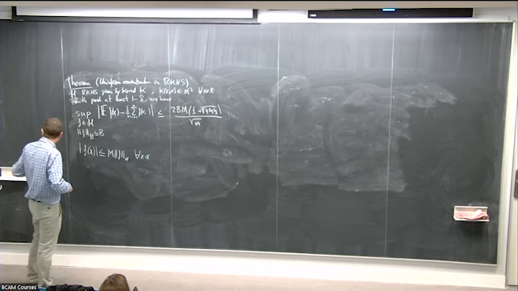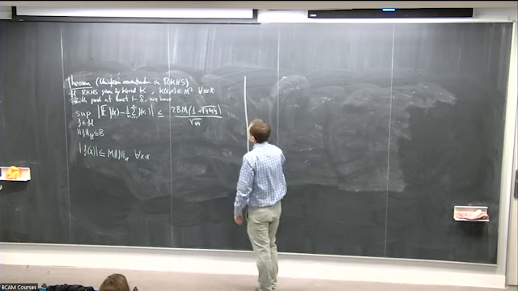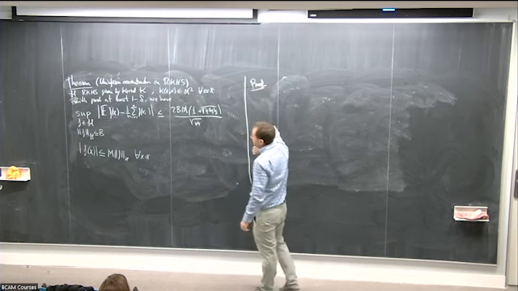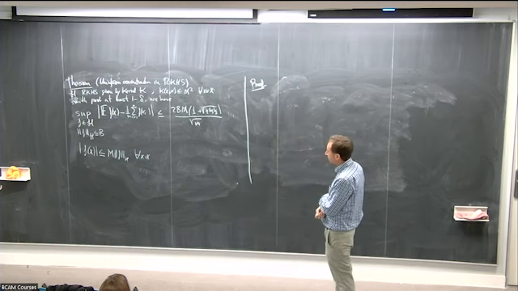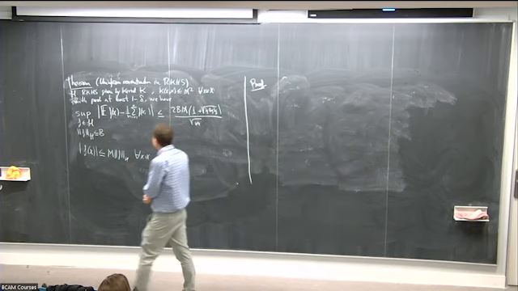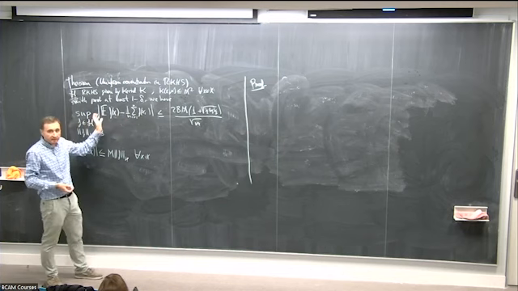Okay, so now let's do the proof. Of course, for the proof we are basically going to use the previous result. The first little thing here is that I put the absolute value because I think it's more common.